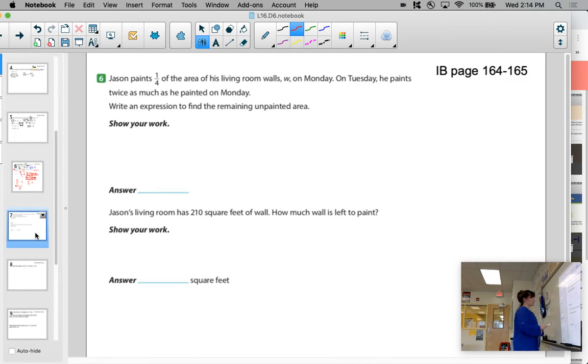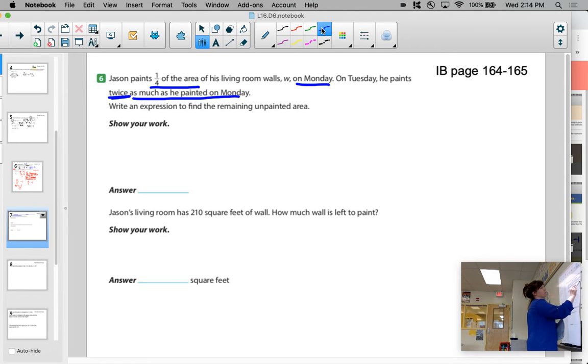All right. One more question from your instruction book page to go over, and it's involving painting a living room. So Jason is painting the area of his living room walls. We don't know how big the wall is yet. All we know is that he's going to paint 1/4 of the area on Monday, and then on Tuesday he doubles, or paints twice as much as what he did on Monday.